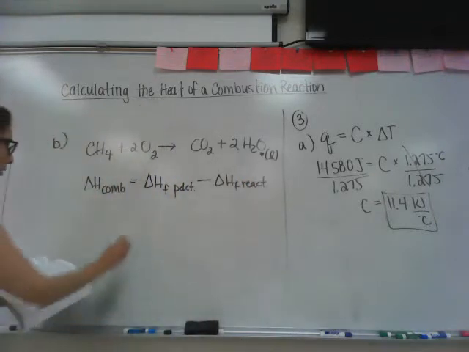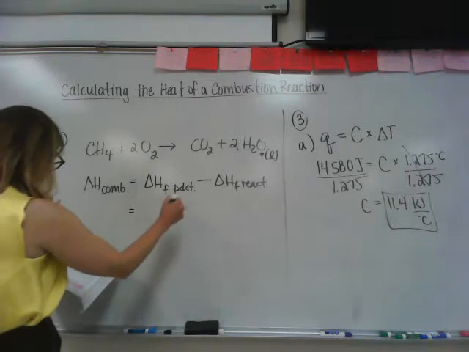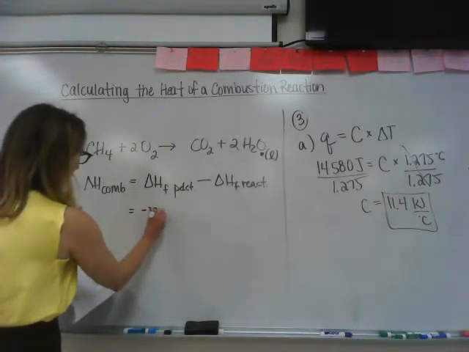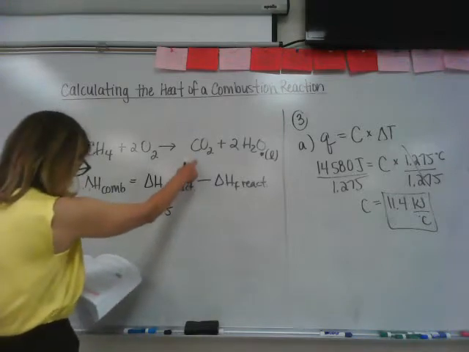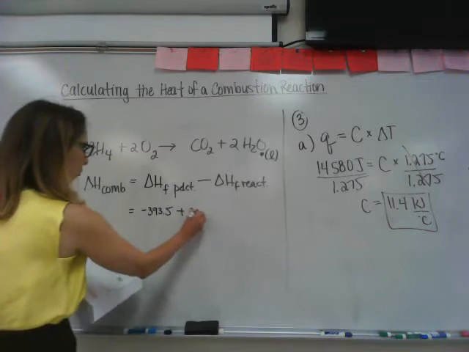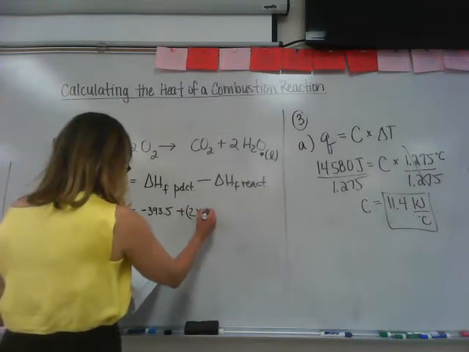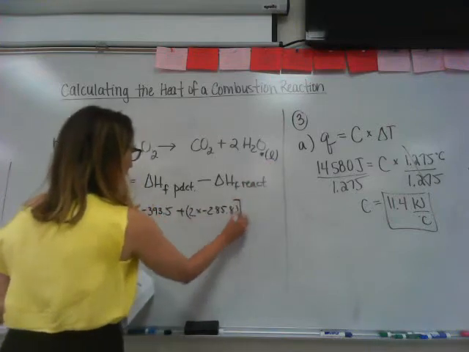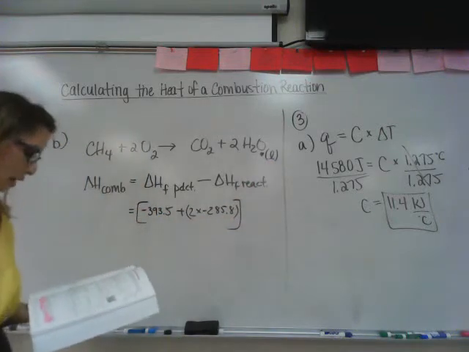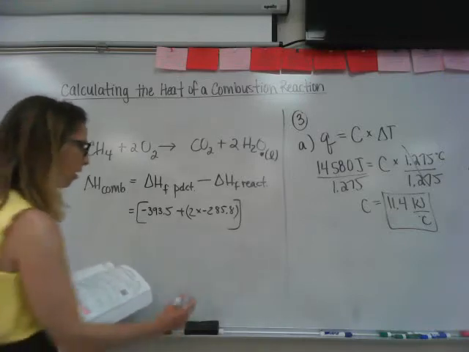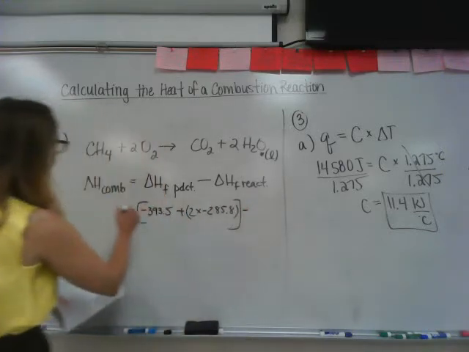So if you look back at the table, you'll see that you have negative 393.5 for CO2, and then you have 2 times whatever water is, which is negative 285.8 for liquid water. So that's your product enthalpy of formations, and then subtract your reactant.